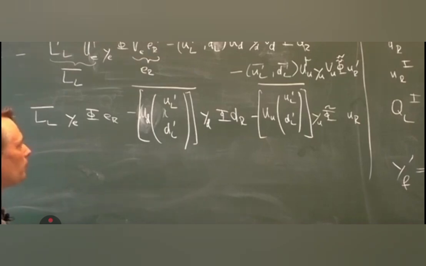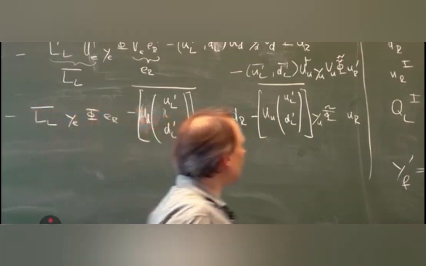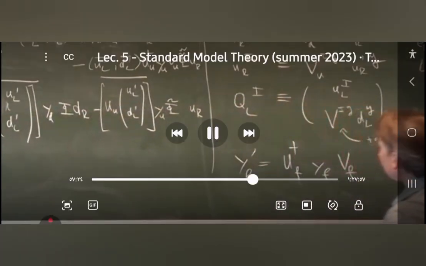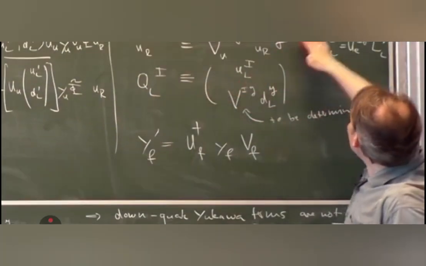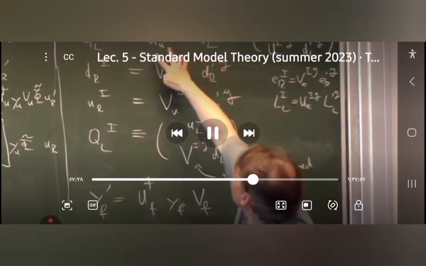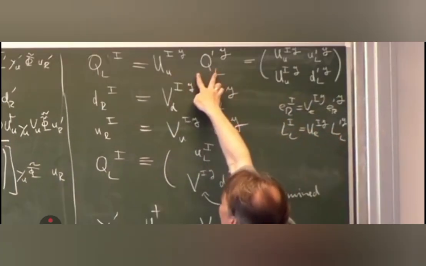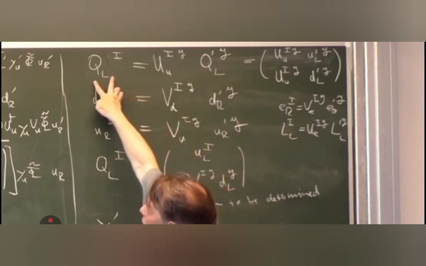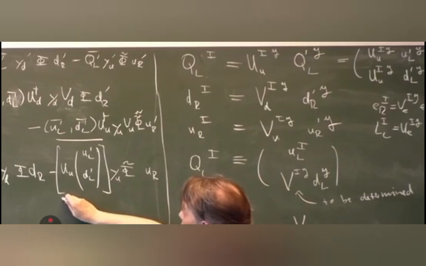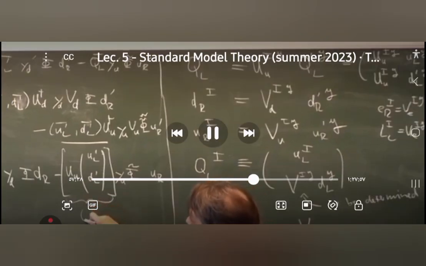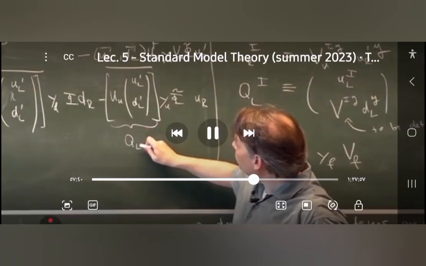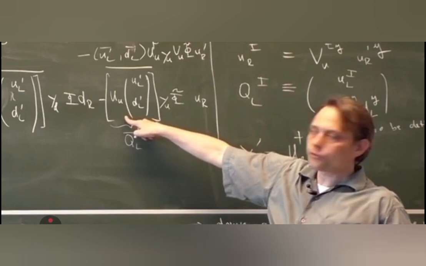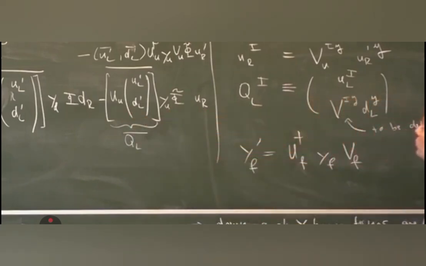Now we have defined our U matrix times the primed quark left-handed doublet gives the unprimed left-handed doublet. So this appears here: the unprimed left-handed doublet bar. This is this object, and it appears in the down quark sector.